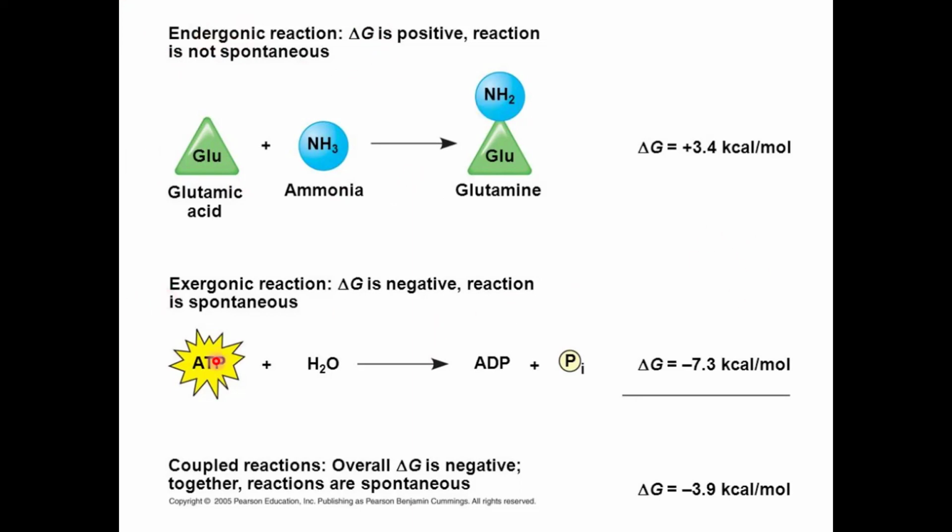And then the ATP hydrolysis is an exergonic situation where the delta G itself is negative and it's spontaneous because of the instability of this ATP molecule.